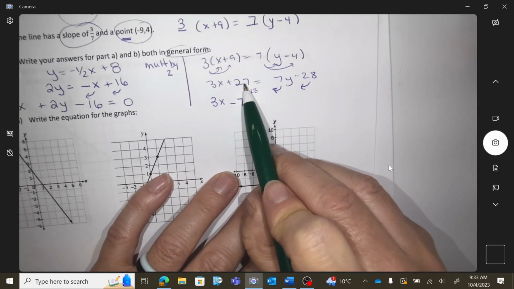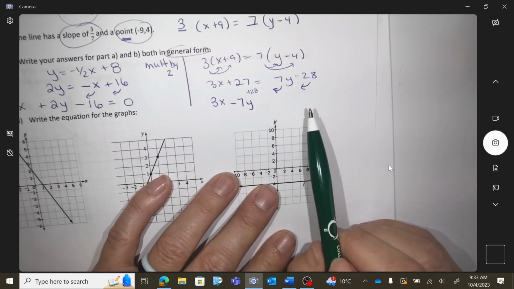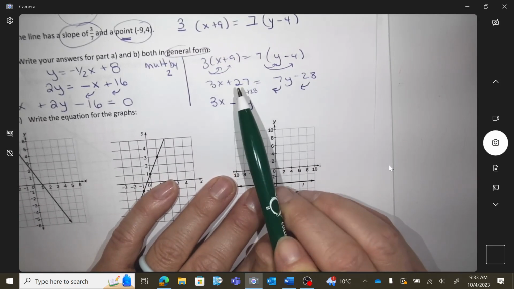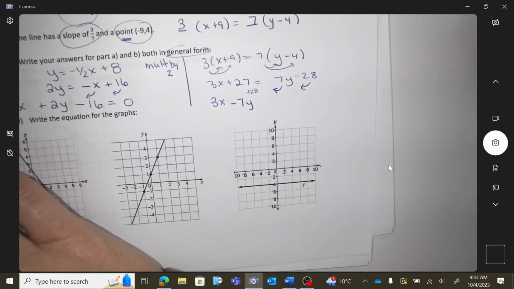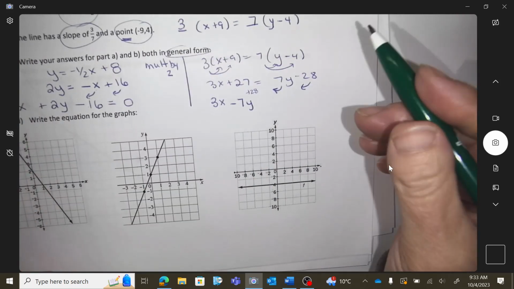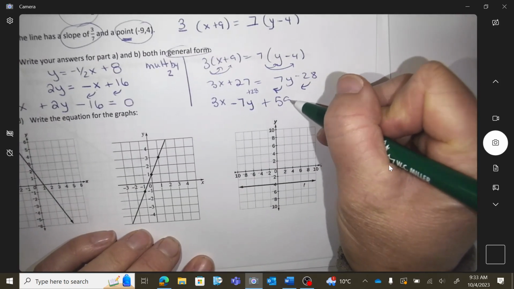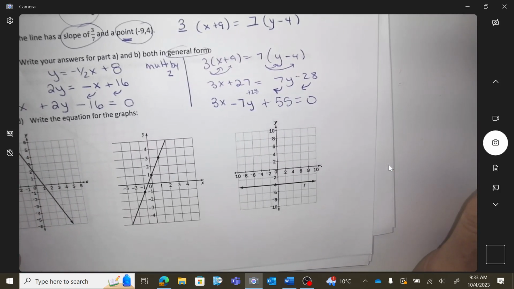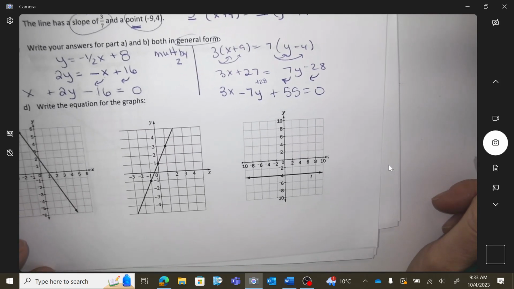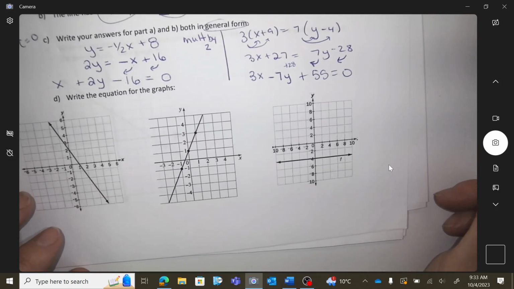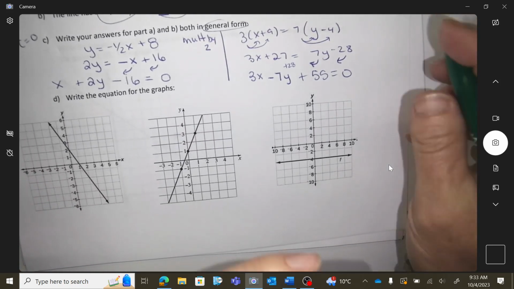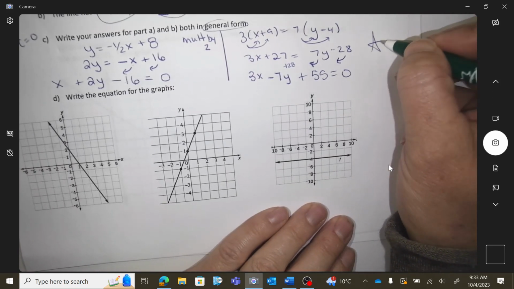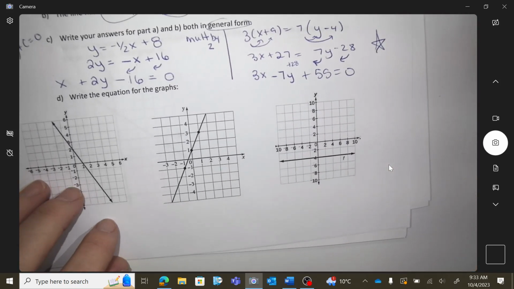But then I have this as well. Does that make sense in algebra? Moving this over, so you would add 28. Okay, so make sure, some of you I think need to maybe practice that a little more. Make sure you're understanding that.